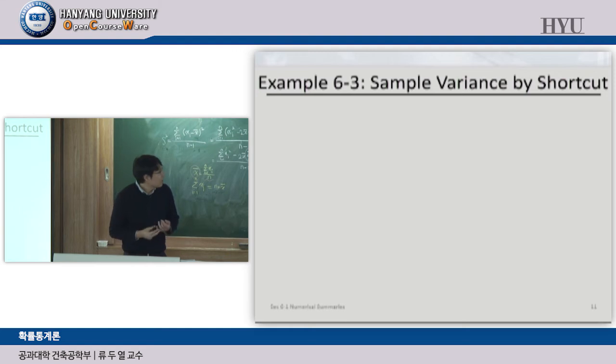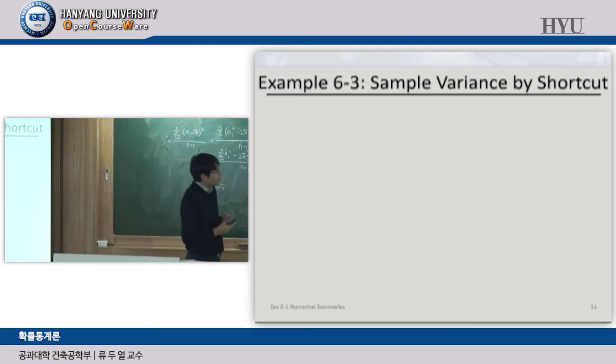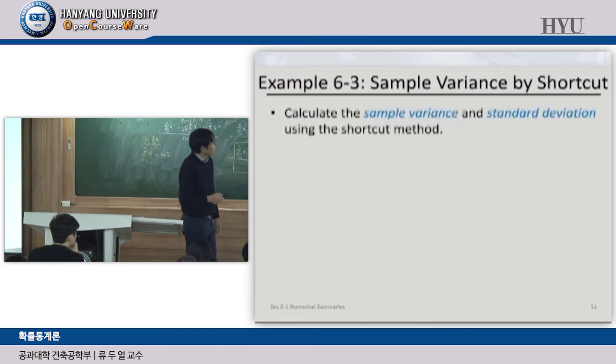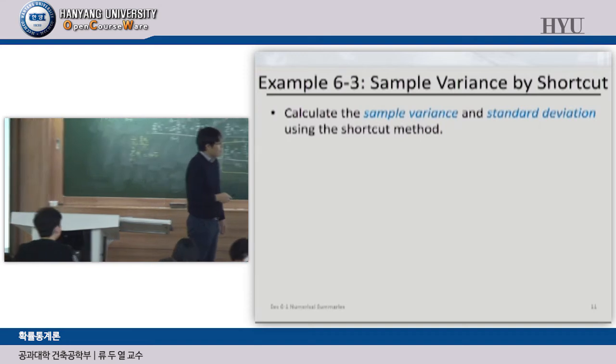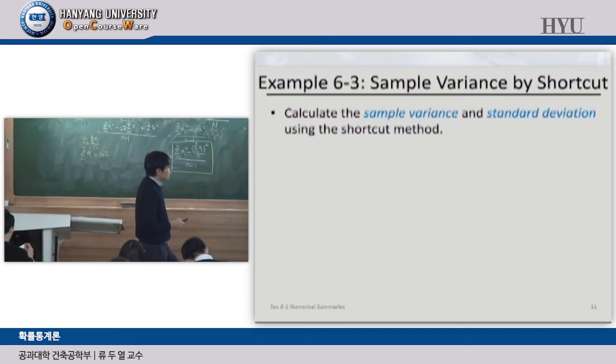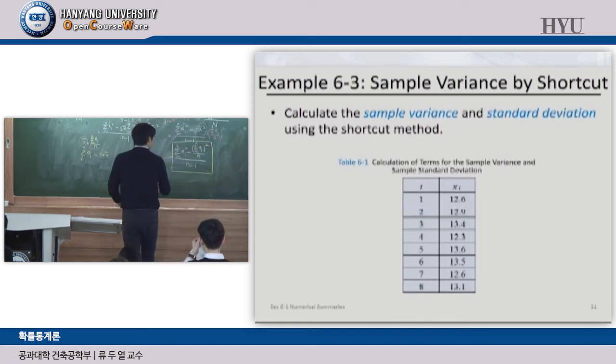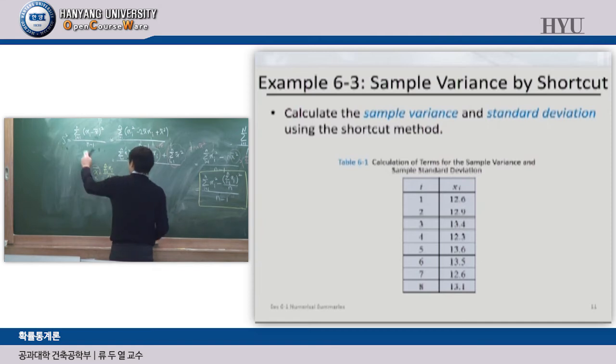And now we are going to solve the example 6-3. This is about the sample variance by the shortcut. Please calculate the sample variance and the standard deviation using the shortcut method. Okay, this is the same test data. And now we are going to use this equation instead of this.